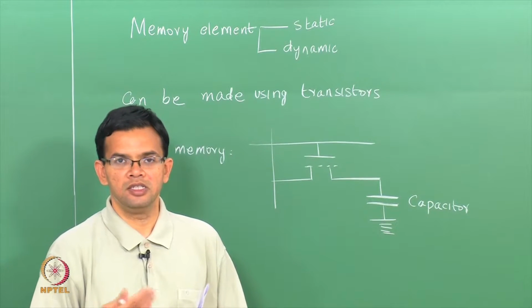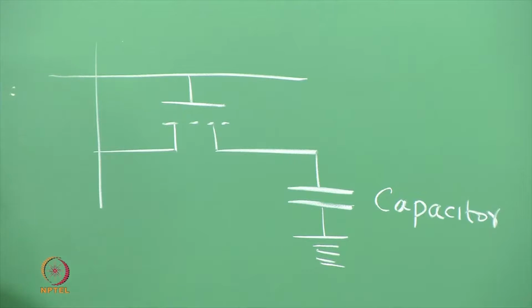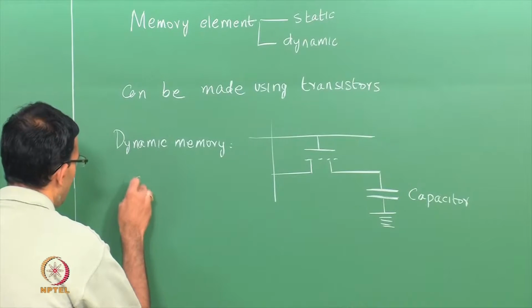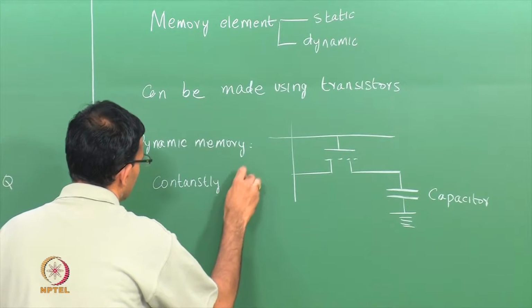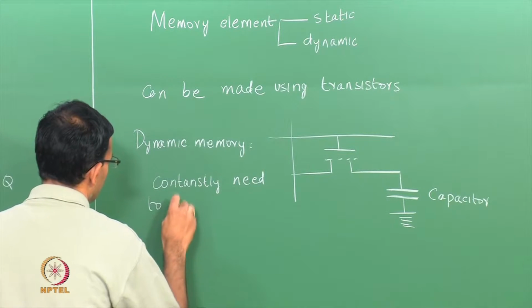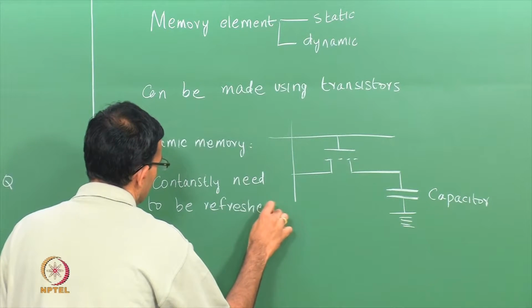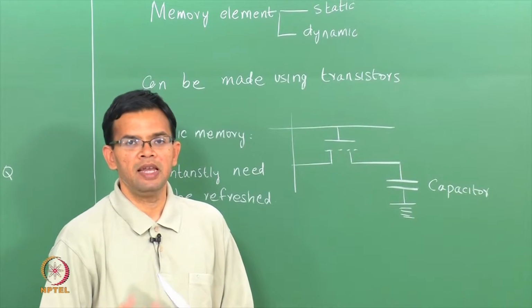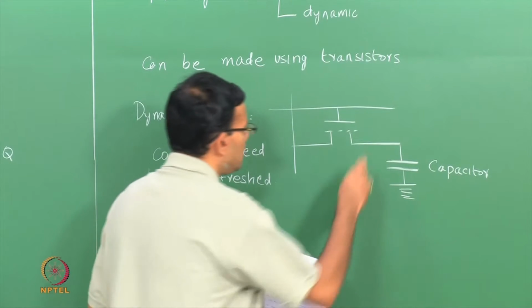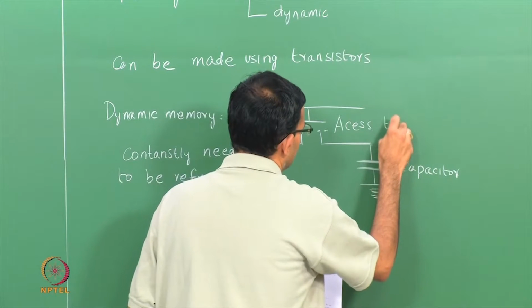When the capacitor is discharged, then the value goes back to 0. But capacitors essentially tend to leak charge. So, they constantly need to be refreshed, which is why this is a dynamic memory. Whenever you have a memory element, the memory element also needs to be read, and this is done by using your transistor. So, this is called your access transistor.